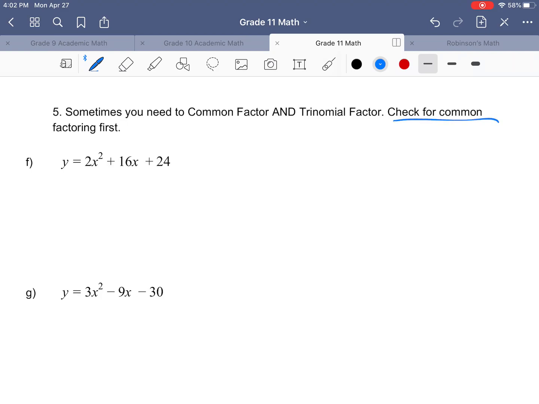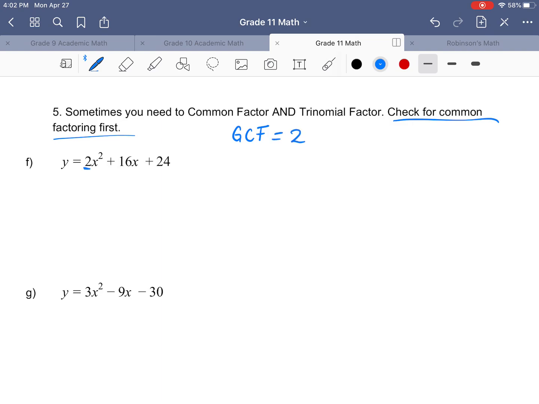So what we're going to be doing is checking for common factoring first. So we have 2x squared, 16x, and 24. Now we could go and write out our lists for the greatest common factor, so to get all of our factors. However, our greatest common factor cannot be bigger than our smallest number, and our smallest number in this case is a 2.